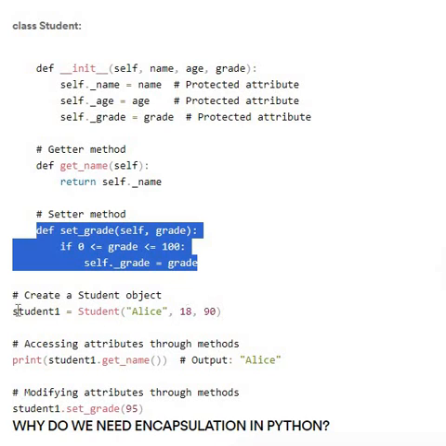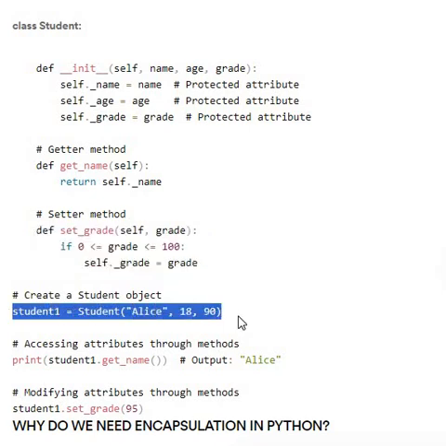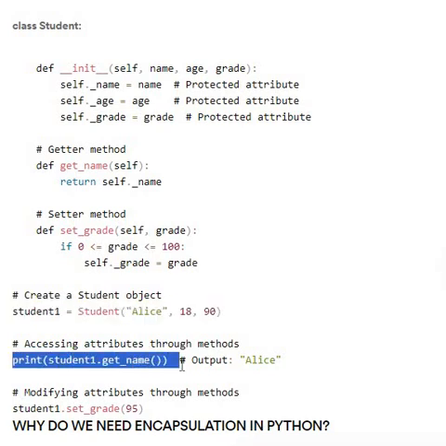Now an object is created. Student 1 is the object. So I can call get name using student 1 and I can call set grade also using student 1.